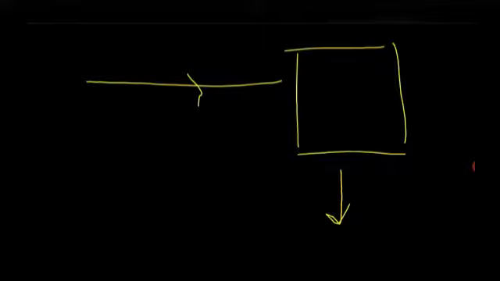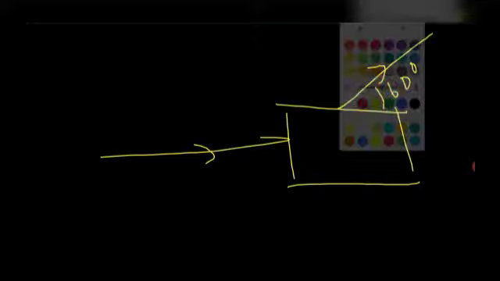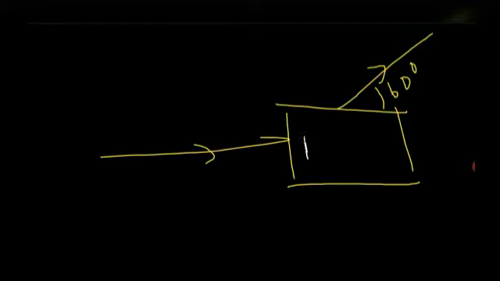Or maybe the light ray is going like this, some machinery will be here, then the light ray will come back to its original path, 180 degrees. Or if there is some machinery where the light ray will go and leave at a 60 degree angle. Such machinery can be achieved using just prisms.